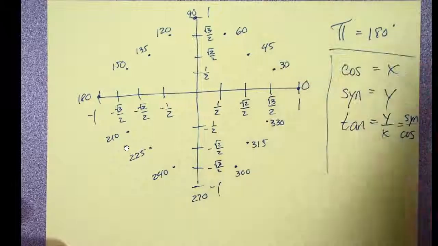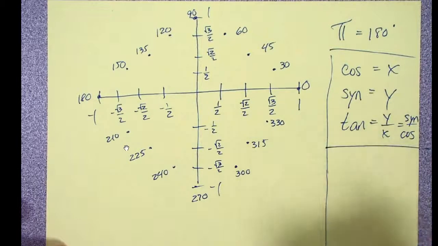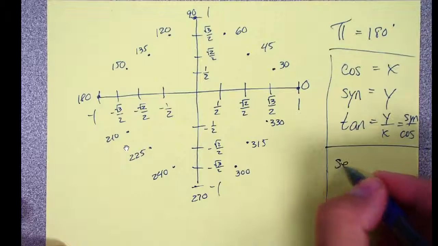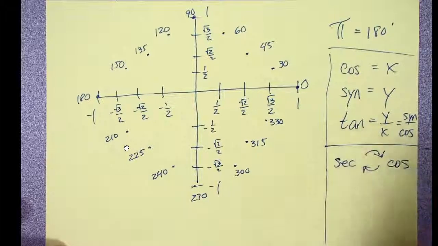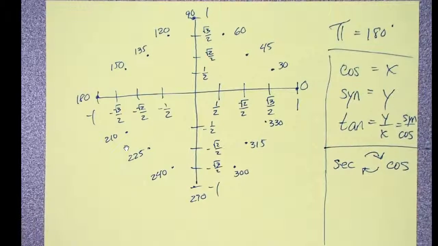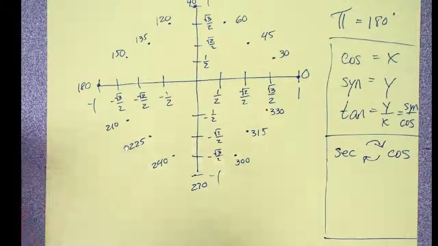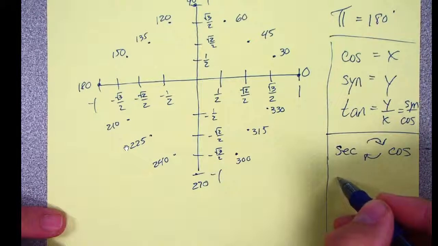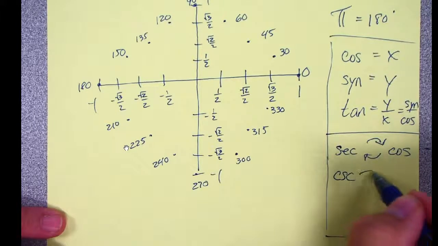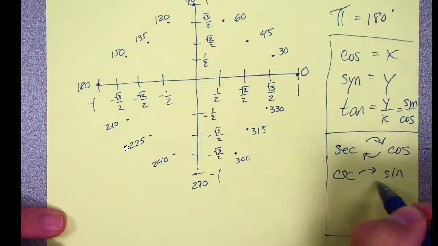So we got those. We also need to know that secant is the reciprocal of cosine. And that's not any technical way to write it. It's just a way that helps people realize. If you flip over secant, you get cosine. If you flip over cosine, you get secant. And then if you flip over cosecant, you get sine.